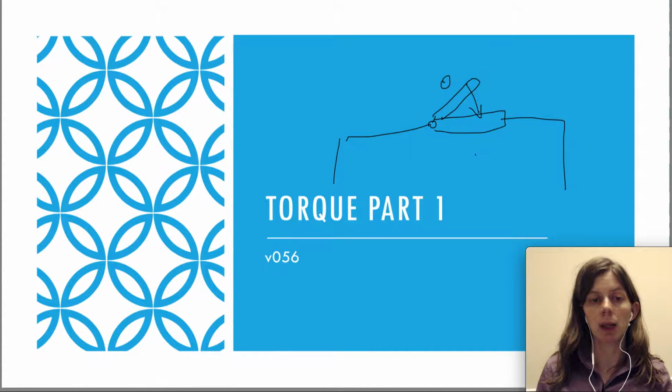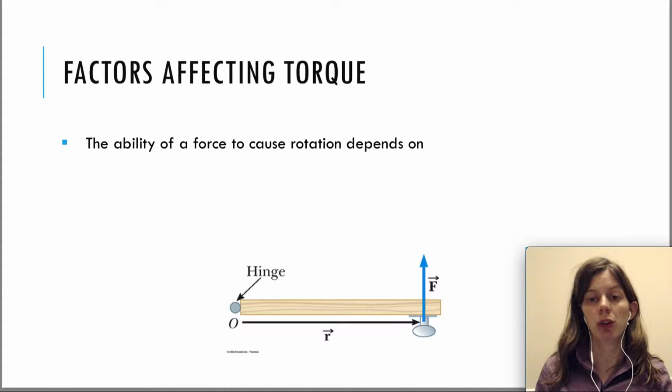So this idea introduces the topic of torque, which has to do with rotation, but it has to do with the fact that a force is causing a rotation. So it turns out that there are three factors that affect the ability of a force to cause rotation.